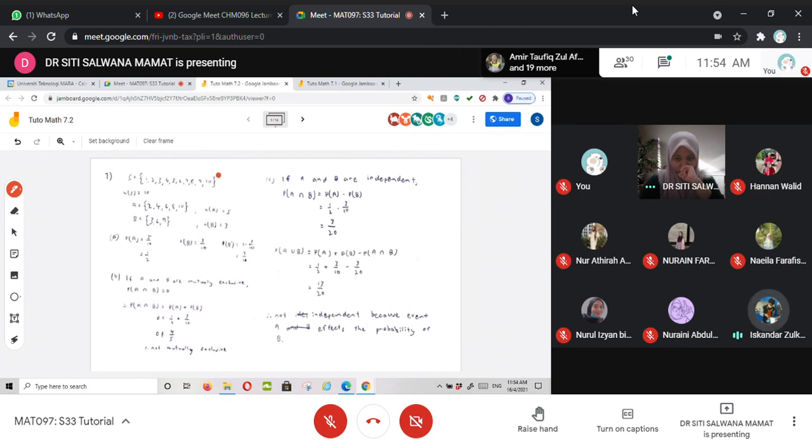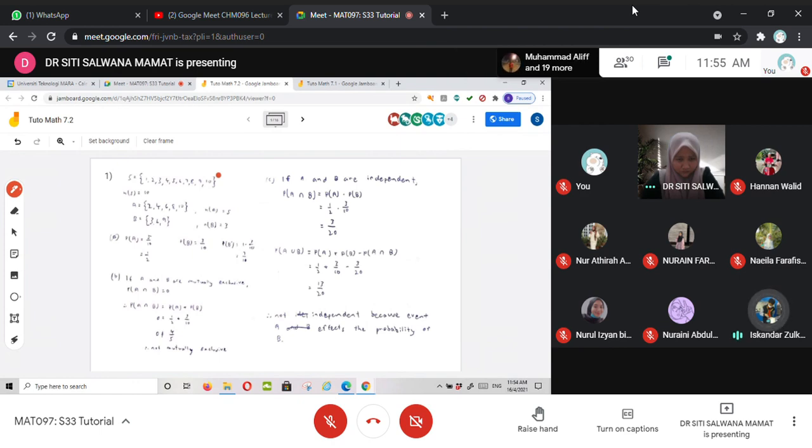For question B, are events A and B mutually exclusive? If A and B are mutually exclusive, the probability of A intersect B will equal 0. But we got that the probability of A intersect B is not equal to 0, because it is equal to 4 over 5, so it is not mutually exclusive.